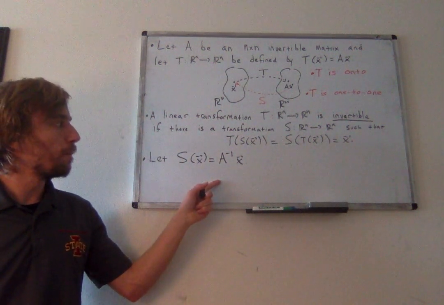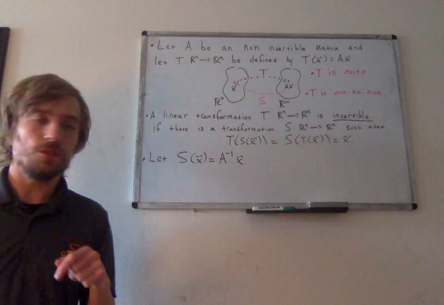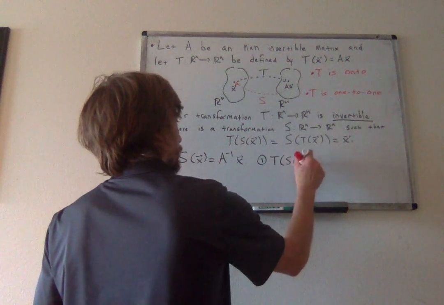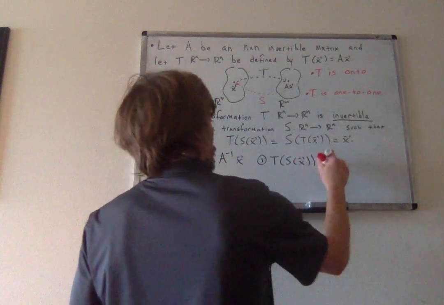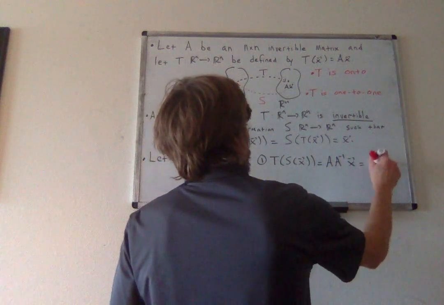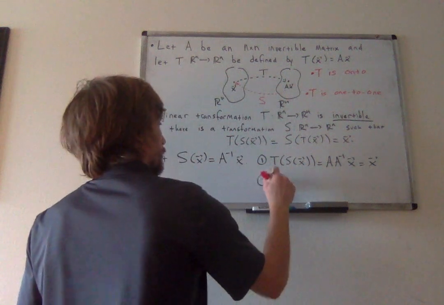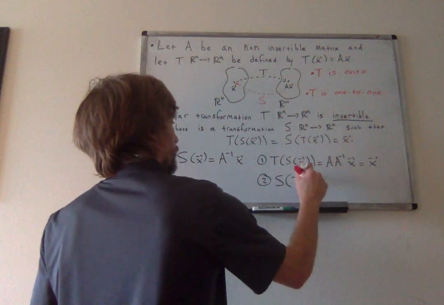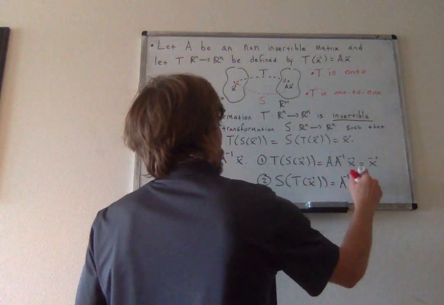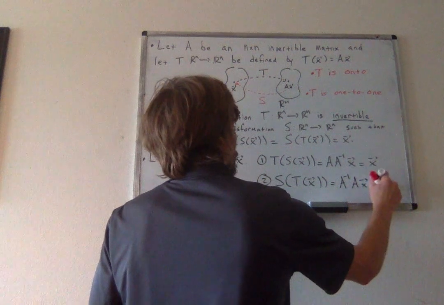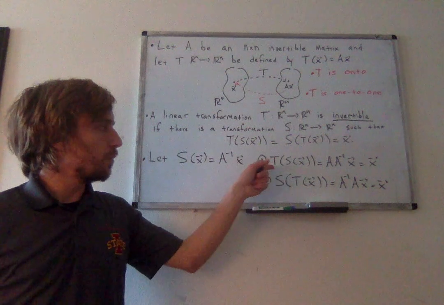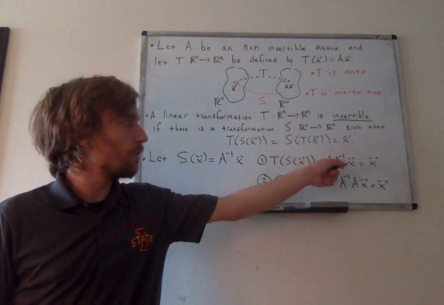All right, well, let's check. Is this the inverse of T? Notice the way we've defined S, T of S of x is equal to A times A inverse times x.